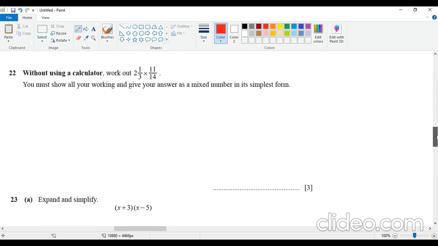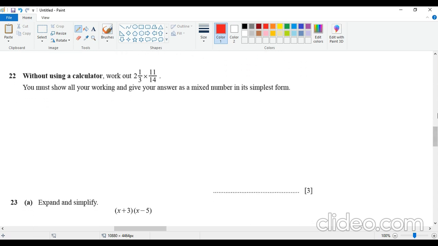In question number 22, it says without using calculator, work out 2 whole 1 over 3 times 11 over 14. So you can write this as 7 over 3 times 11 over 14.